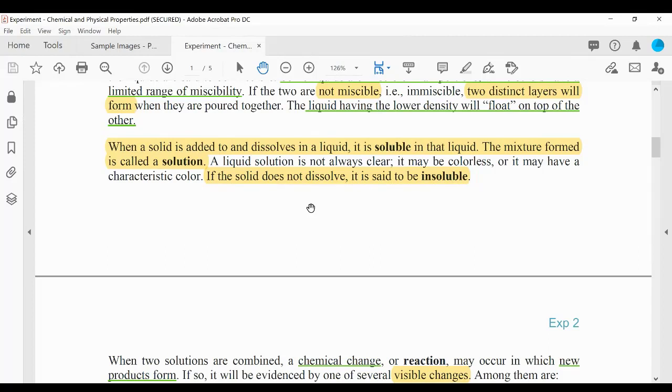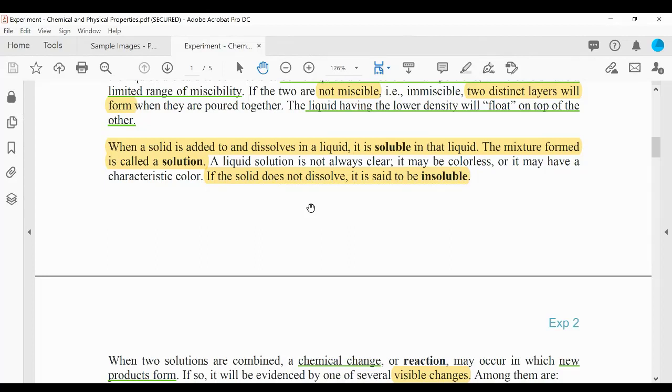You are going to learn how to calculate the concentration of a solution. What is the concentration? It's how much solid is dissolved in the liquid. You can express the concentration in many ways, and you will learn that during the semester. But for now, just learn what is a solution.